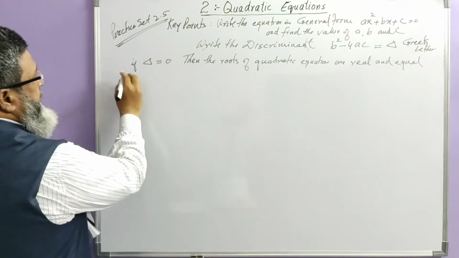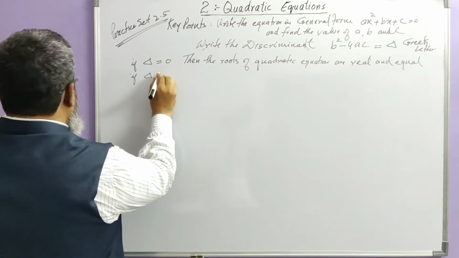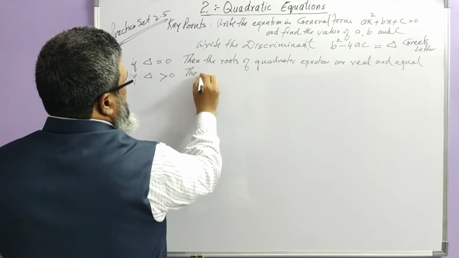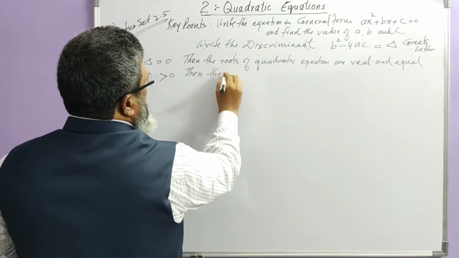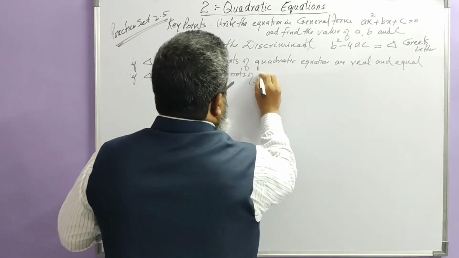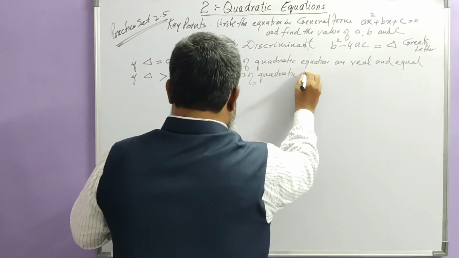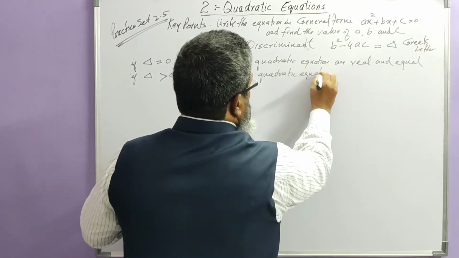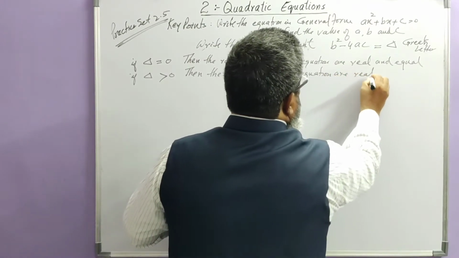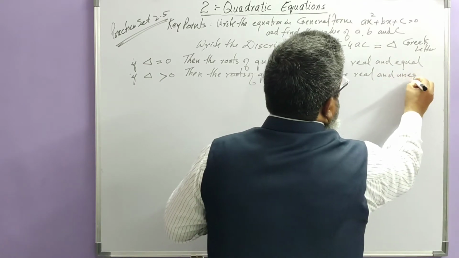Again, if delta is greater than 0, then the roots of the quadratic equation are real and unequal.